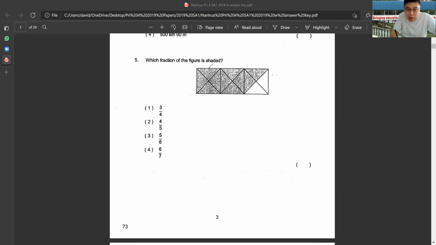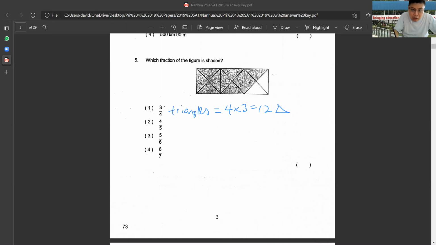Okay, you see, there are 3 squares down here. 1, 2, 3. Okay, see the 3 squares? Each square is made up of 4 triangles. So the total number of triangles is 4 times 3, 12 triangles.